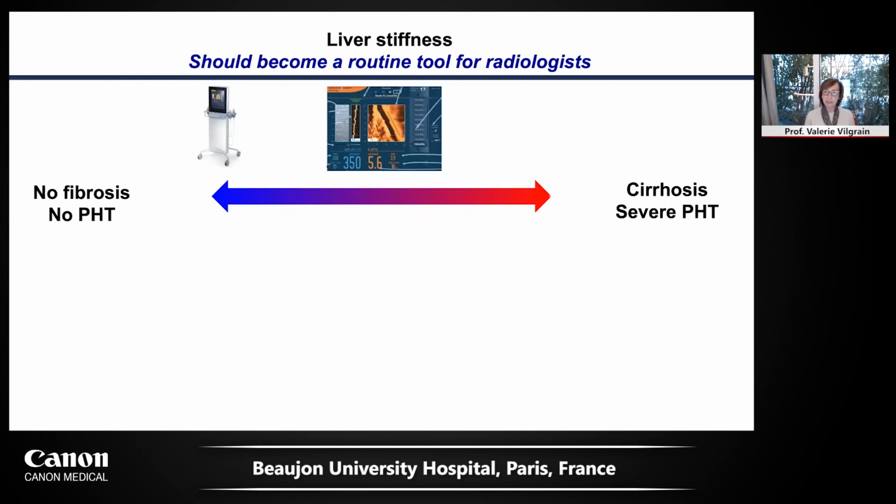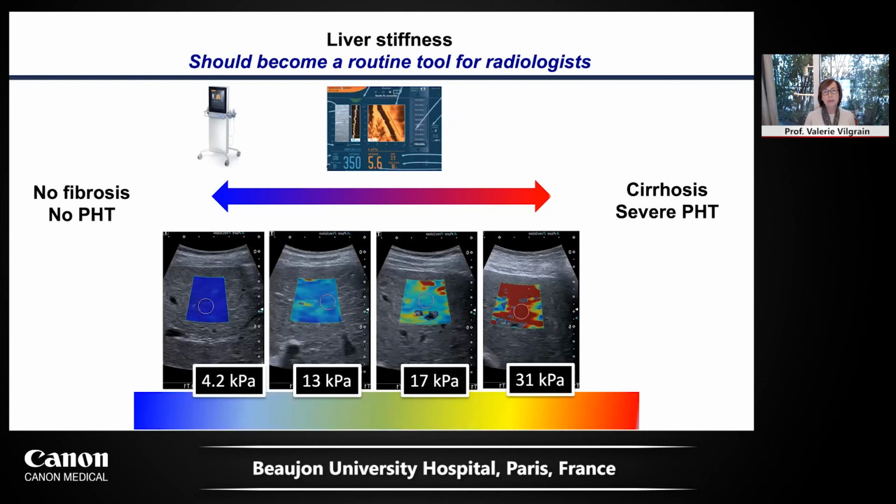The very first technique that used liver stiffness has been the transient elastography that was able and is still able to diagnose the presence of fibrosis, to assess the severity of the fibrosis, and eventually to diagnose cirrhosis with a degree of portal hypertension.